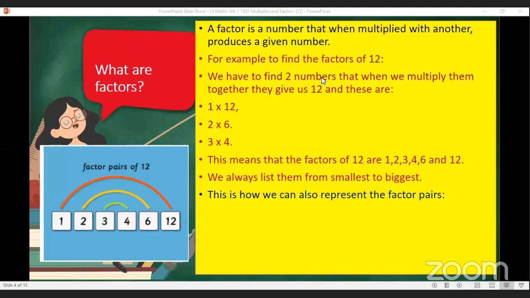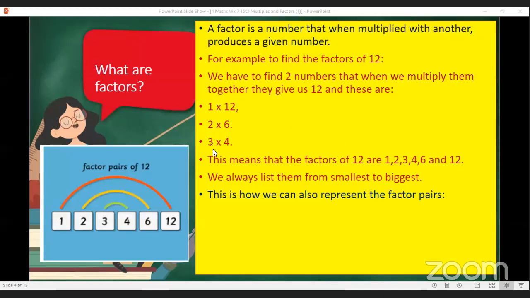So then the factors of 12 are, after you have found the factor pairs, because the first thing is for you to find the factor pairs. After you find the factor pairs, you then write the factors from smallest to biggest. The first smallest one is going to be 1, and the biggest factor is going to be that number.